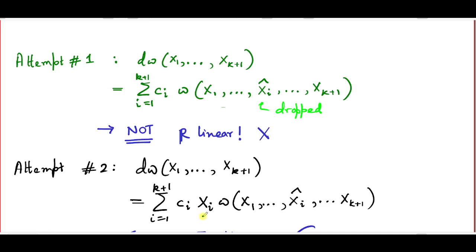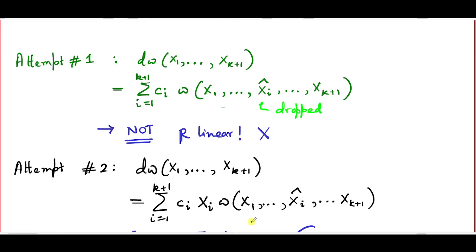Now this will be R linear because, for example, if we were to replace x1 by ax1, then as before, all the terms in the sum from i equals 2 to k plus 1 will have ax1 as an argument and will have a pulled out from all the terms.